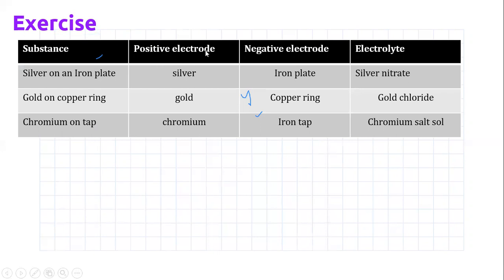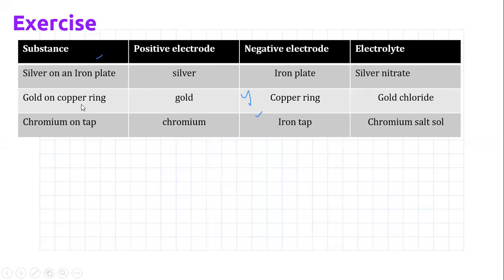So at the positive electrode, we use the metal which we want to plate, so that is silver, and the negative electrode is the iron plate, and the electrolyte, obviously here since this is silver at the positive, we have to use the salt solution of silver, so we can use silver nitrate.